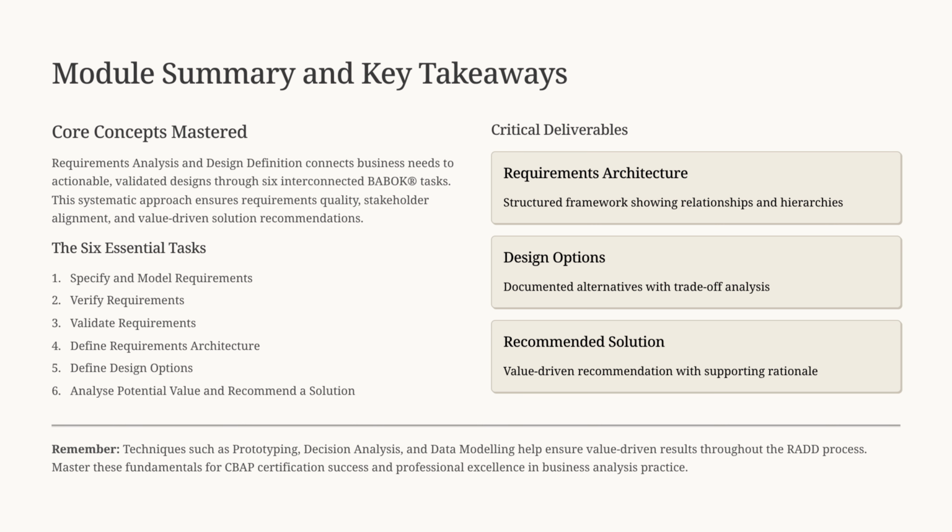As we close Module 7, let's recap the essence of requirements analysis and design definition. RADD connects business needs to validated, actionable designs that deliver measurable value. The 6 essential tasks are: specify and model requirements, verify requirements, validate requirements, define requirements architecture, define design options, analyze potential value and recommend a solution.